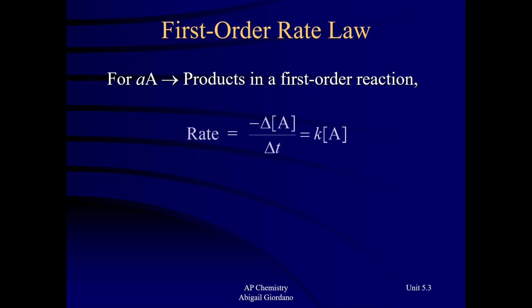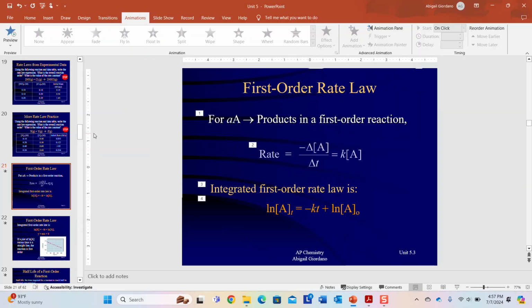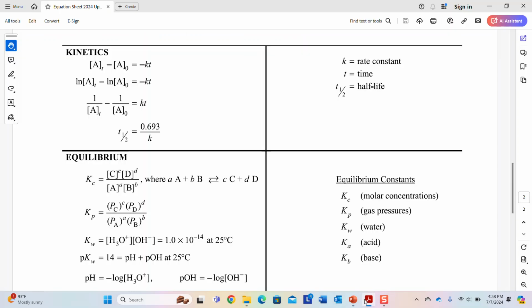What we're going to look at today is moving beyond what are called differentiated rate laws and looking at what are called integrated rate laws. An integrated first order rate law looks like this. Now, let me show you on your equation sheet, your formula sheet.